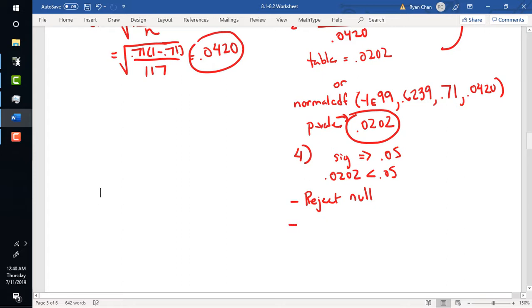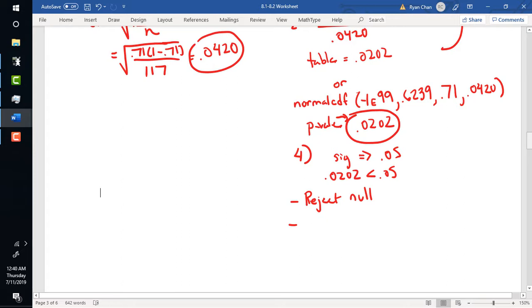Okay, it's a two-part conclusion. The first one is either you reject or do not reject null. And the second part is whether there's strong evidence for your alternate or not enough evidence for your alternate.